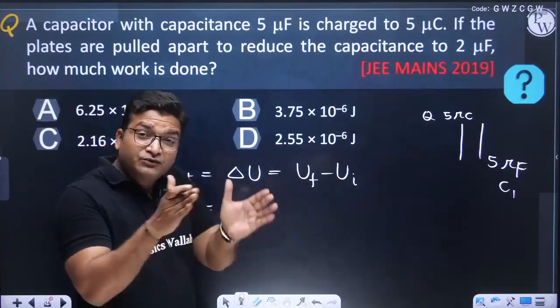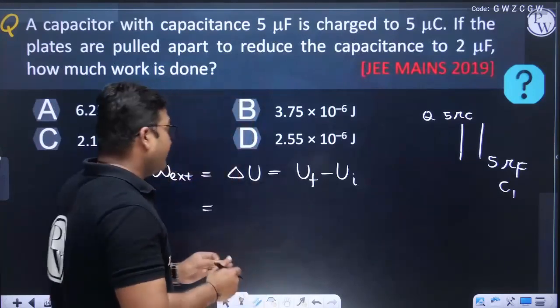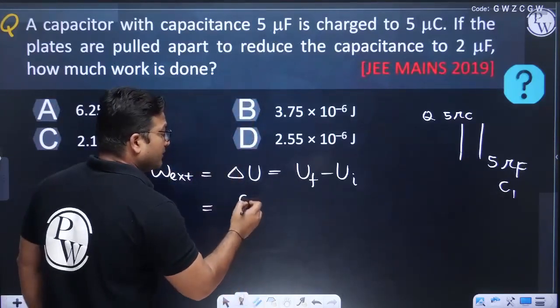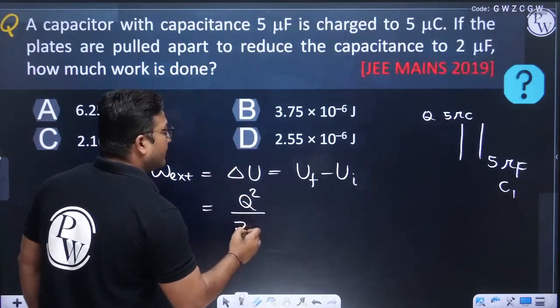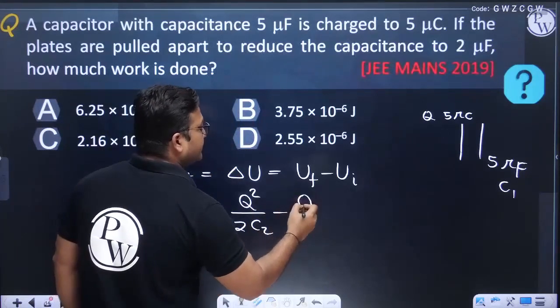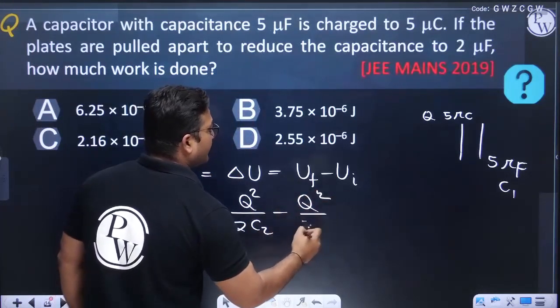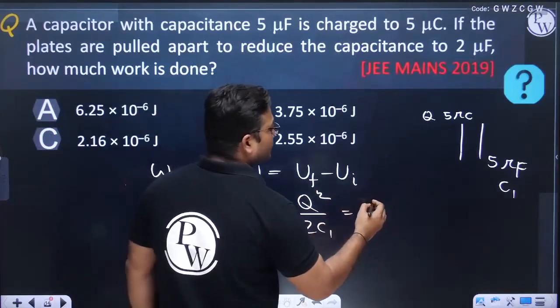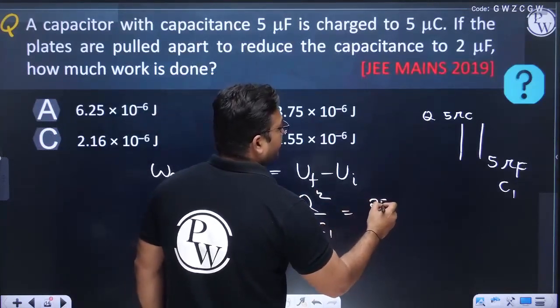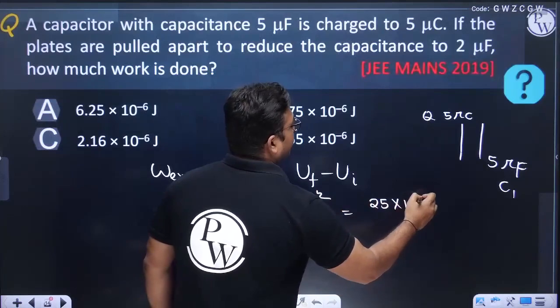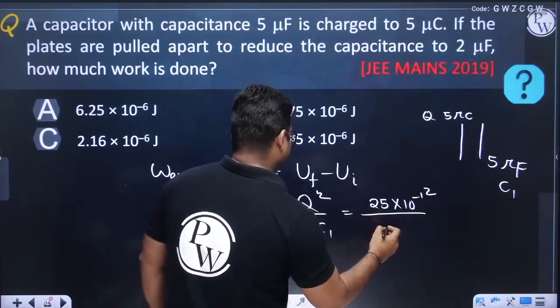As the charge is going to remain the same, I can say the final energy would be Q square divided by 2C2 minus the initial energy, Q square divided by 2C1. Let's write Q square as 25 times 10 to the power minus 12 divided by 2.